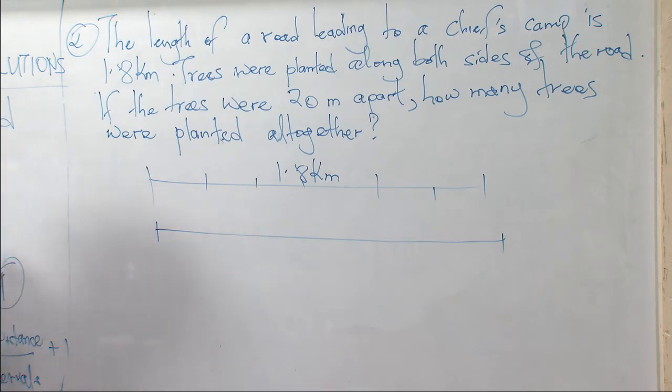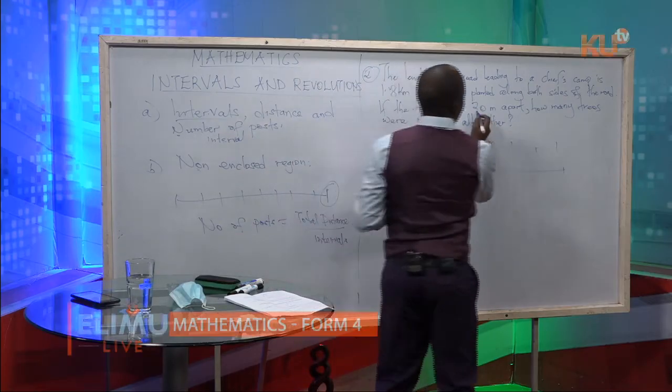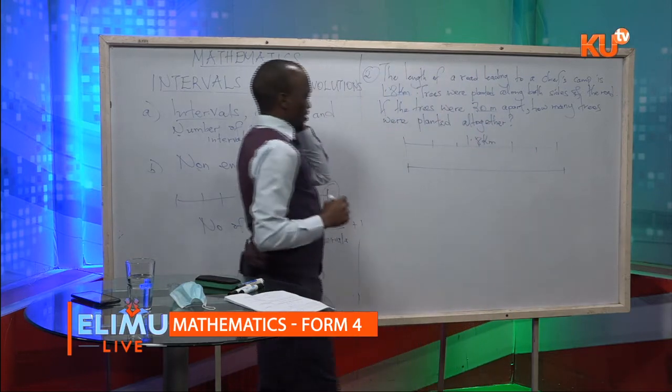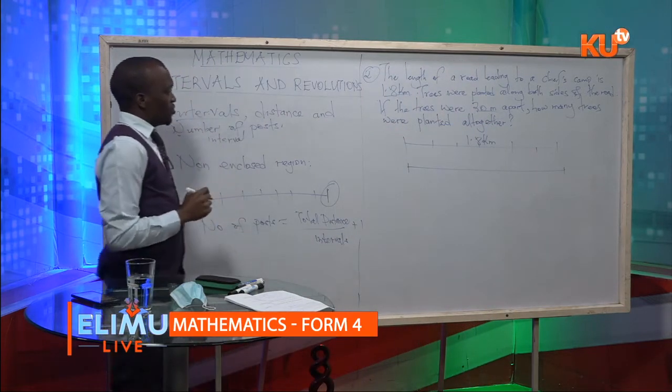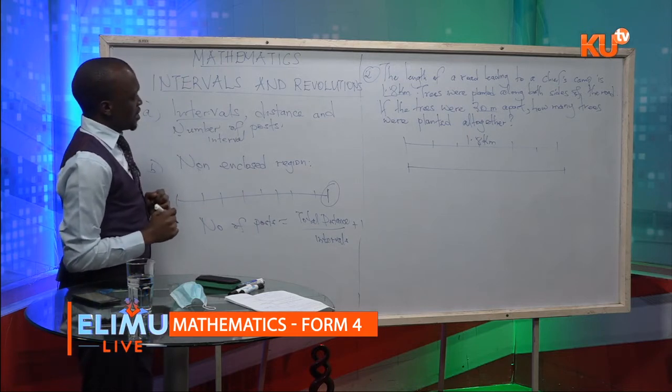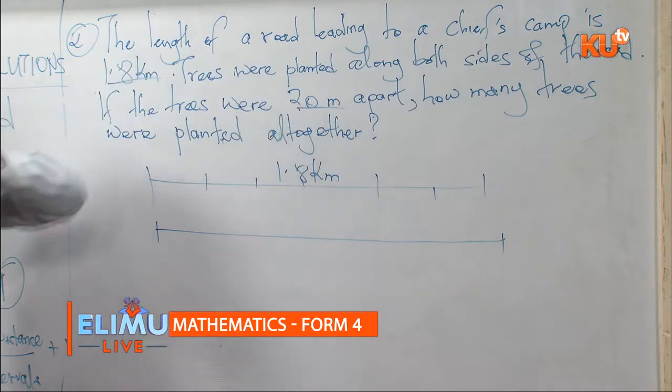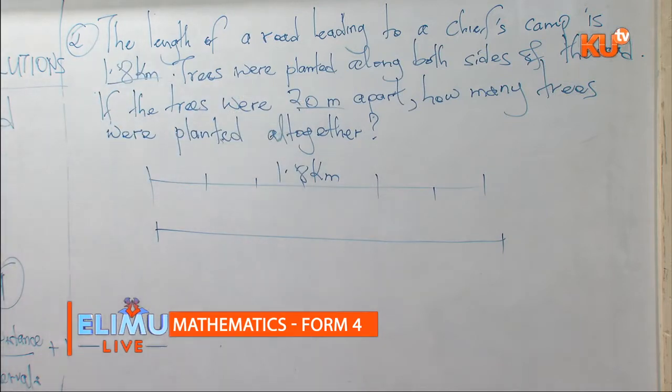First, what you need to check here, there are two units here. We have kilometers and we have meters. So the first thing that you should always do is convert these kilometers to meters so that they can be in same units.